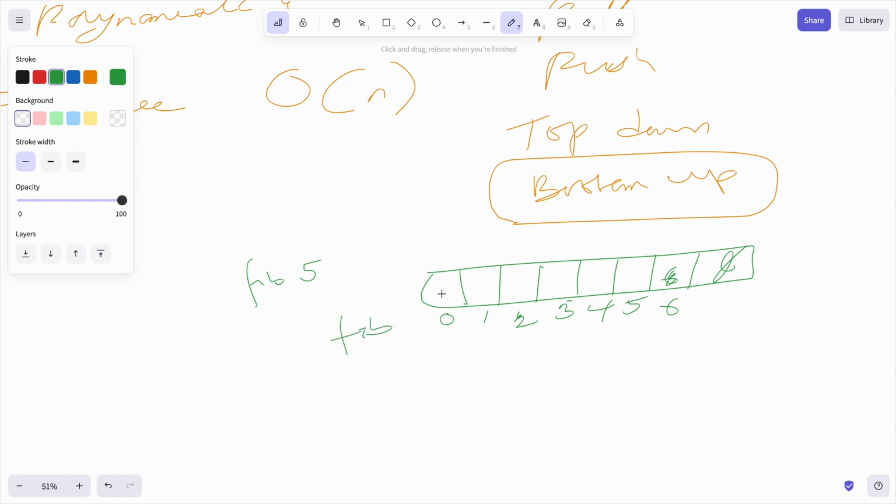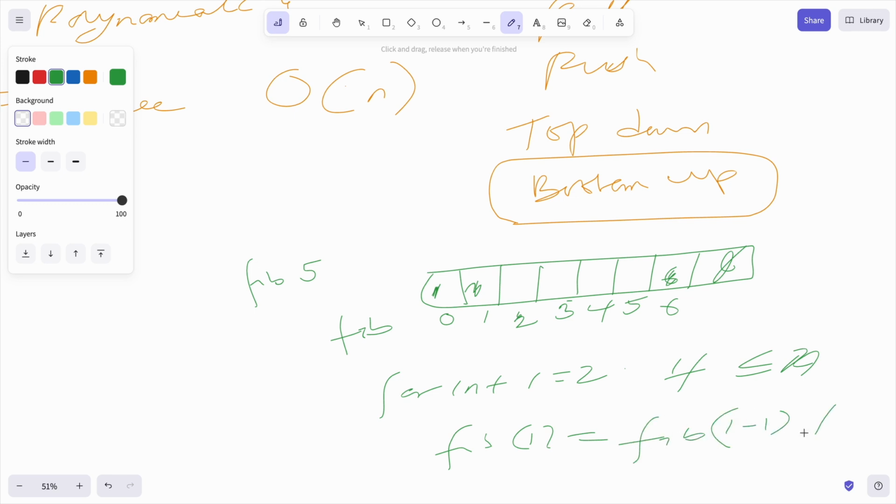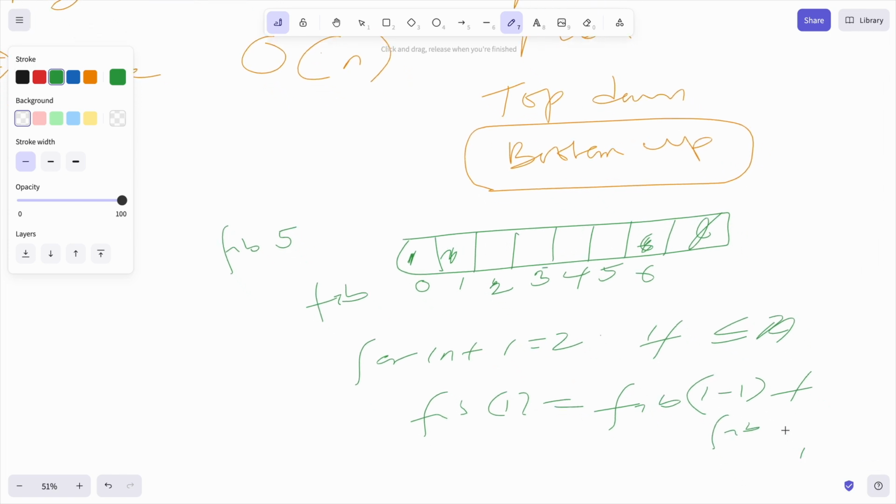We know what fib of 0 is. Fib of 0 is 1. Fib of 1 is 1. And then we just have a for loop: for int i equal to 2, and i less than or equal to n, and we loop all the way. We say fib of i is simply equal to fib of i minus 1 plus fib of i minus 2.